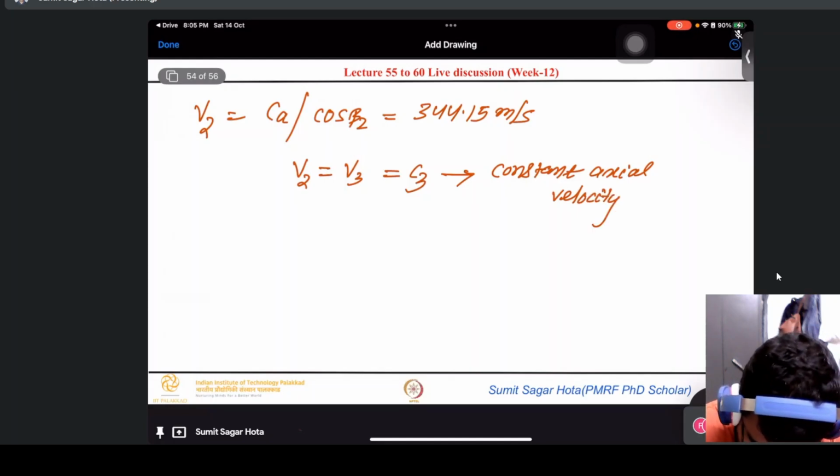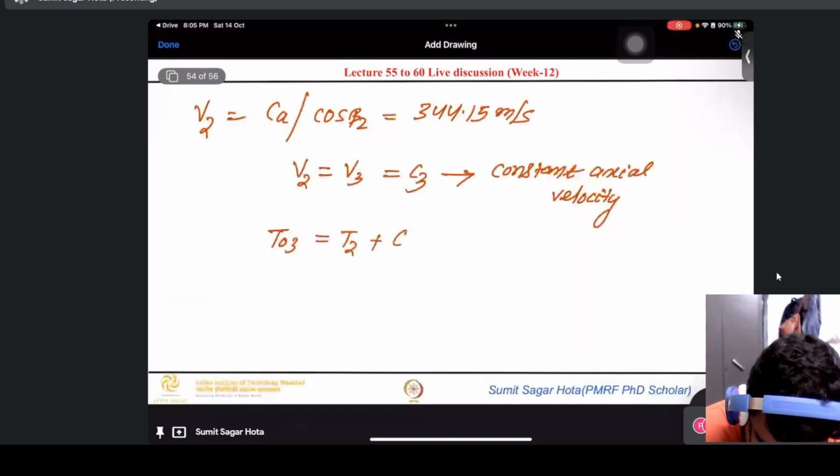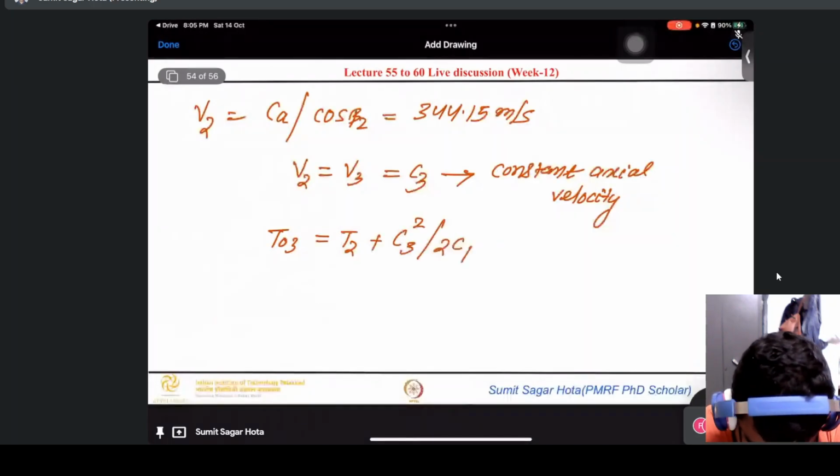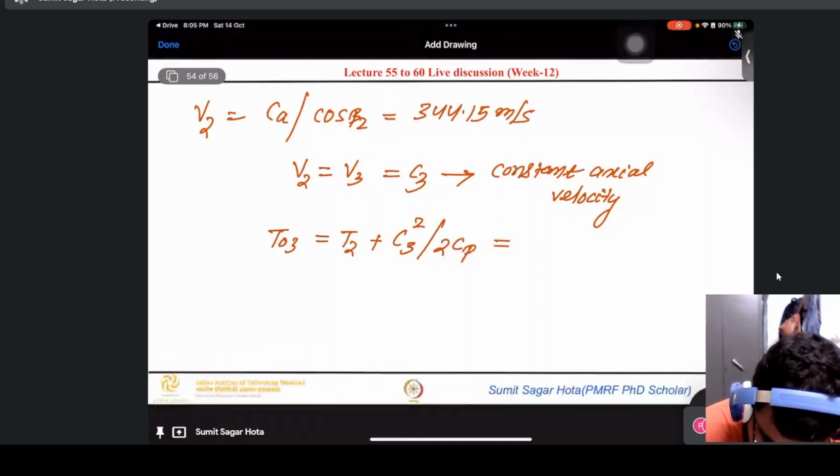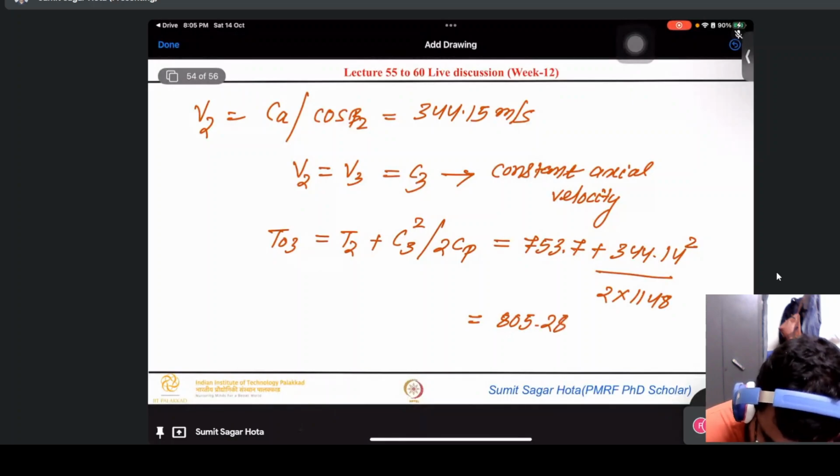T03 is equal to T2 plus C3 square by 2Cp, equal to 753.7 plus 344.14 square divided by 2 into 1148, equal to 805.28 Kelvin.